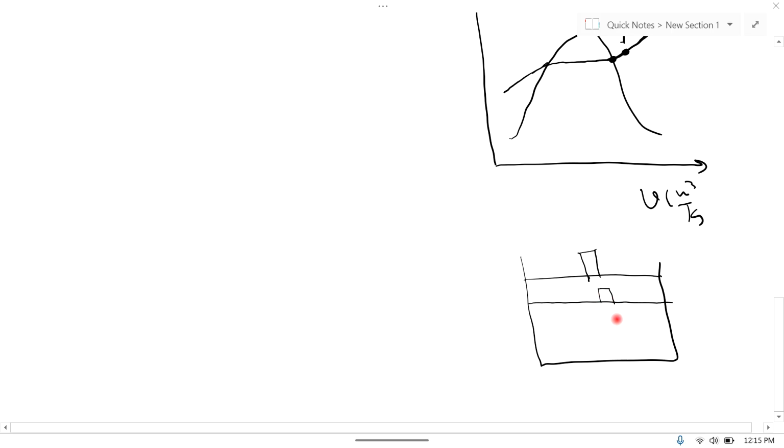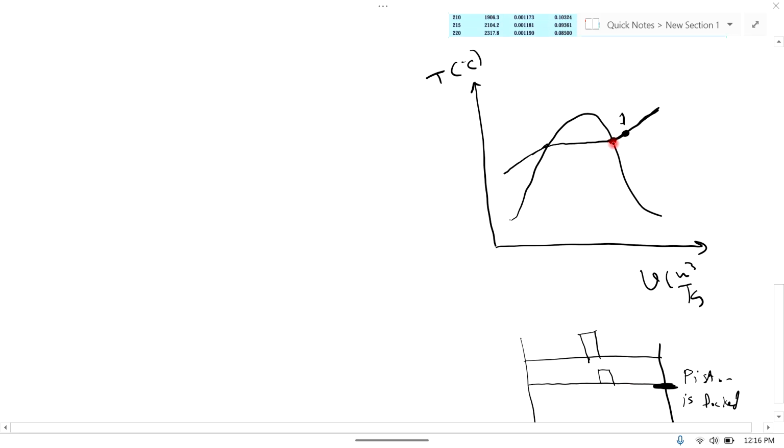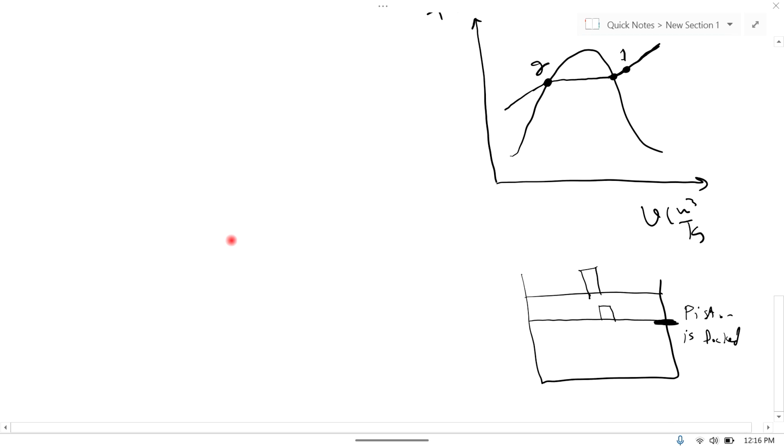The system will be compressed, volume will decrease, and at a point the piston is locked or fixed. At this point the piston is locked or fixed, and continuously heat is removed until it reaches the saturated liquid line. It means that from this point, continuously at constant pressure, heat is removed until it reaches the saturated liquid line. So this is the saturated liquid line. So this is point 2.